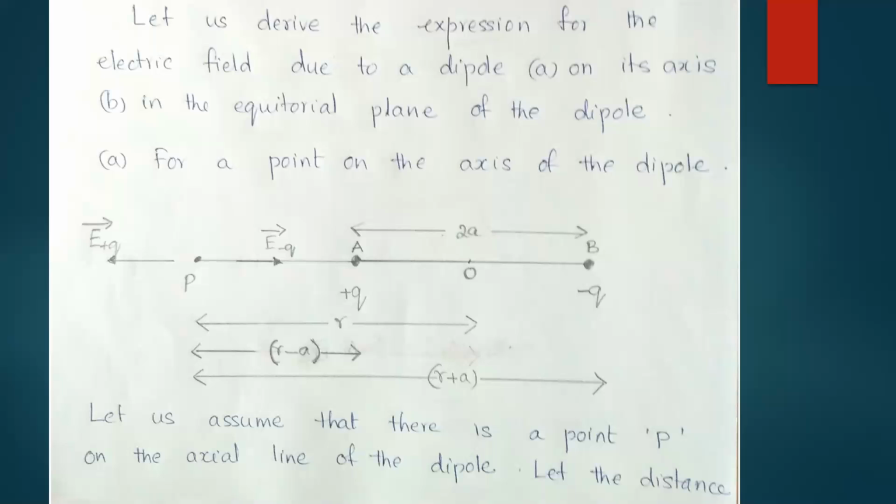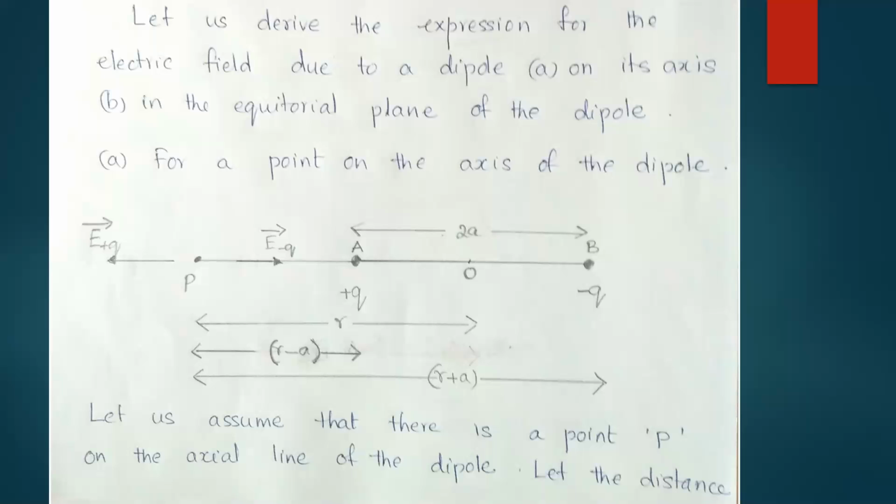Now, coming to the point, the distance of the point P from the center is r. Therefore, the distance of the point P from A is r minus a, because AO is equal to a. OB is also equal to a.